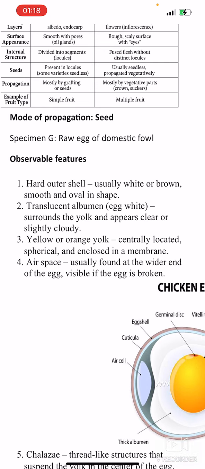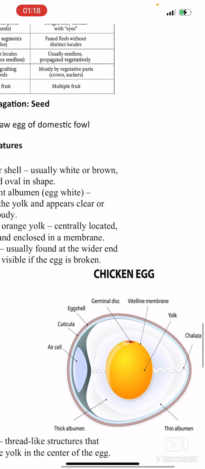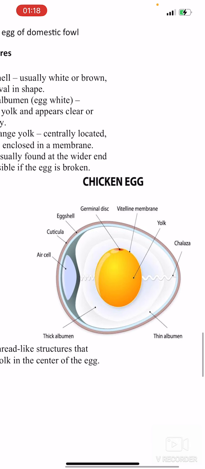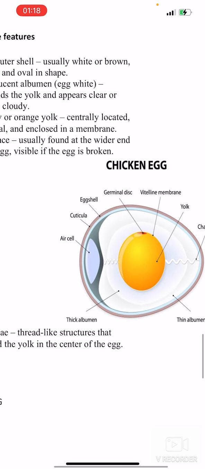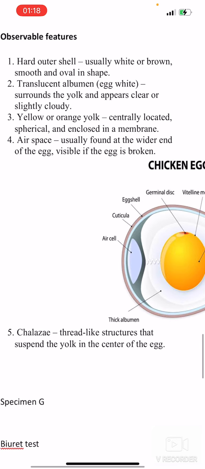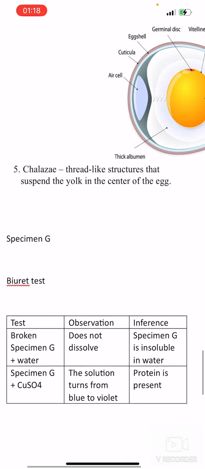So assuming that they ask us about the observable features, these are the observable features. Just quickly note that, and this is the diagram. Look at the diagram: the yolk, the air cell, the albumen. So that's for specimen G.